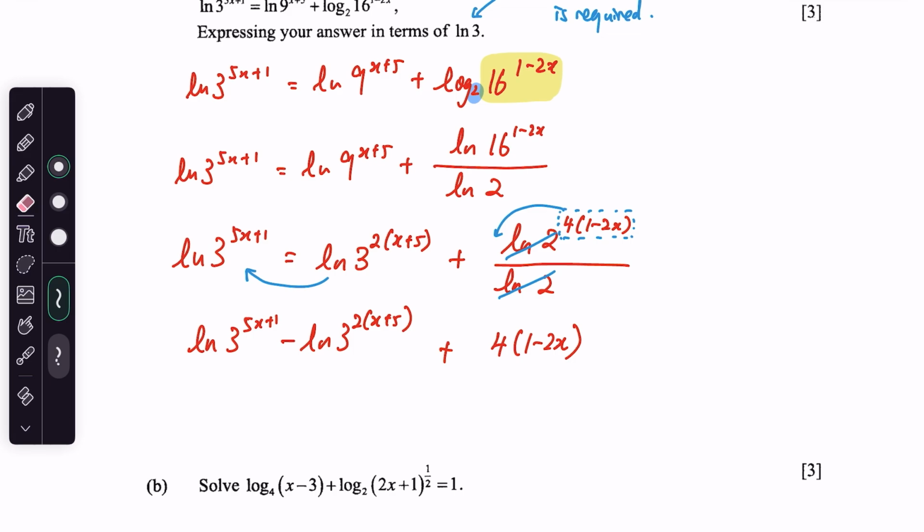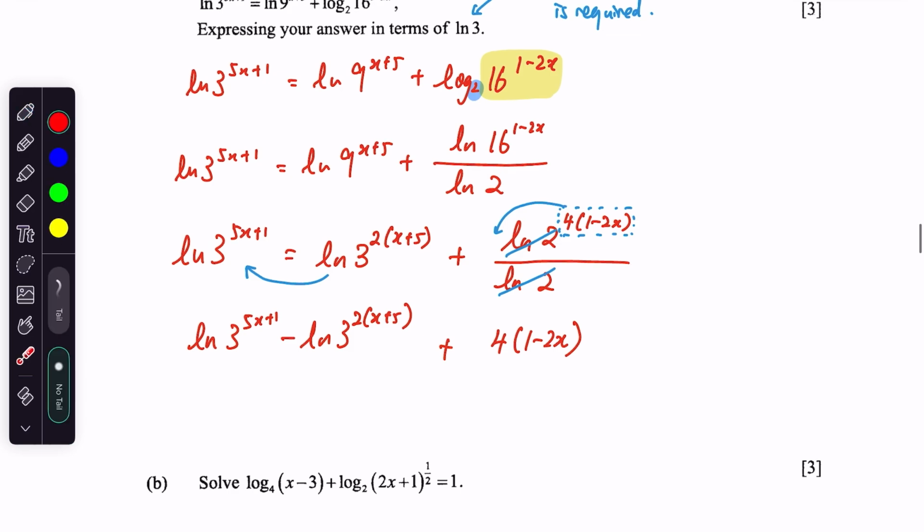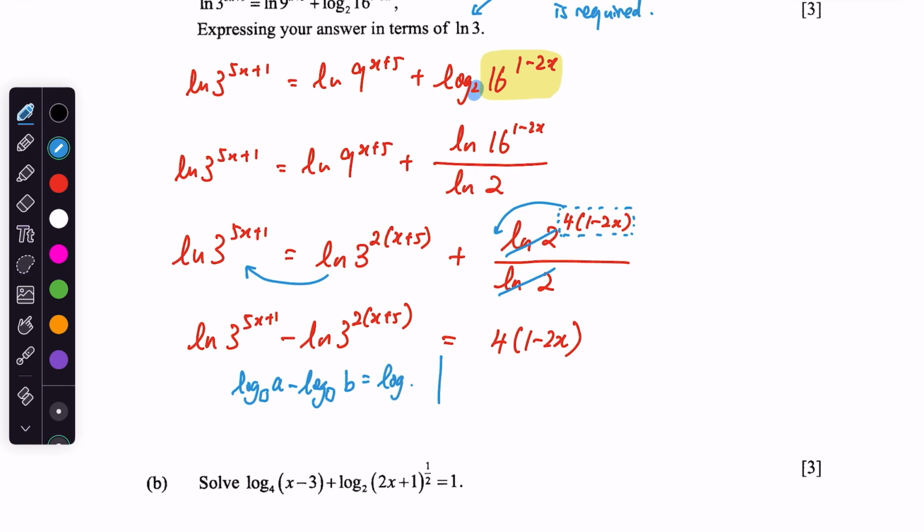Okay, now that we have this, when we have logarithm minus logarithm, let's recall that, actually wait a minute. I subtracted over, so this should be an equal sign. Yeah, okay, but let's recall that when we have log base something a minus log base something b, this is actually log base the same base, but it's the first guy a over the second guy b.